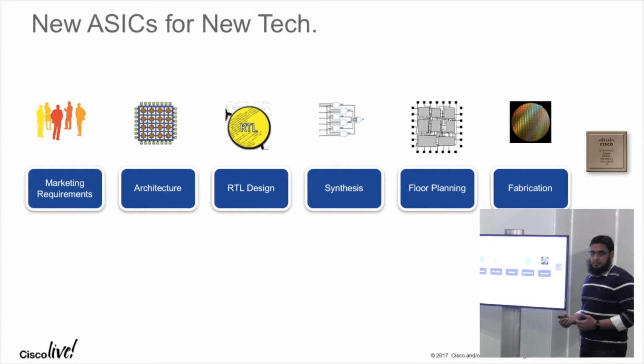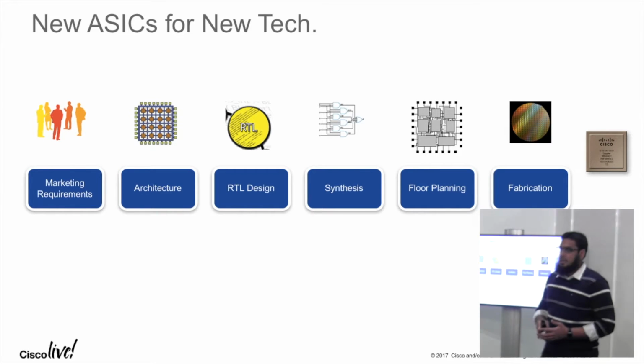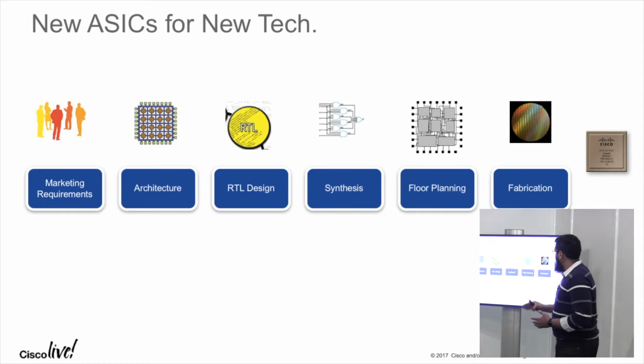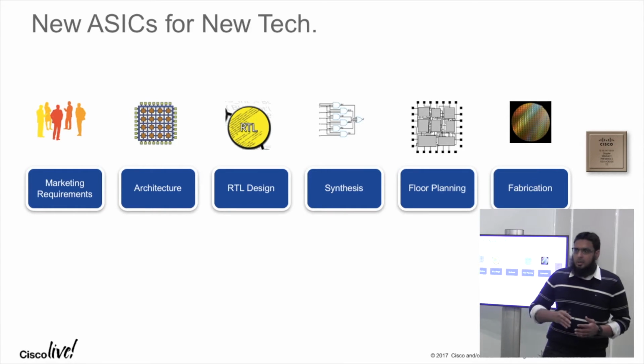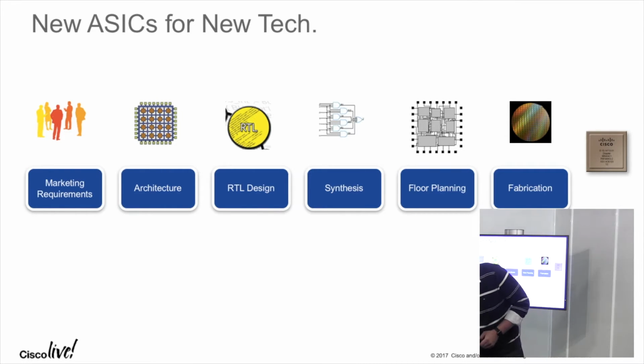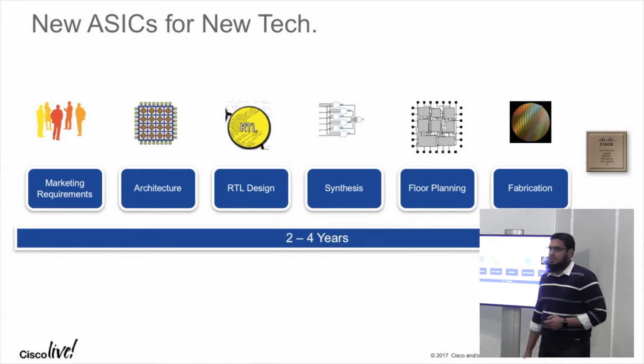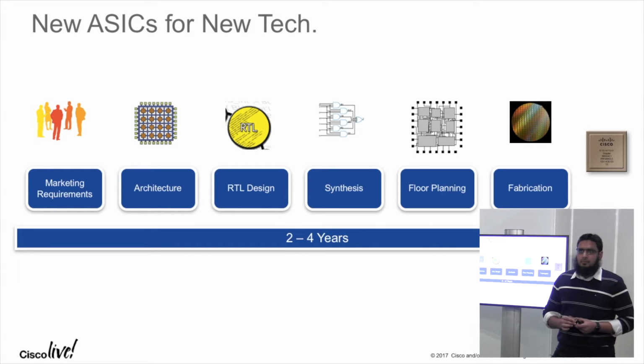That's great. The problem is the ASIC, from the day it starts, from the marketing requirements, building the architecture, doing the design, synthesis, floor planning, fabrication, and all the way until you get the end product, which looks something like this ASIC here, it takes 2 to 4 years, right? That's a pretty long time.